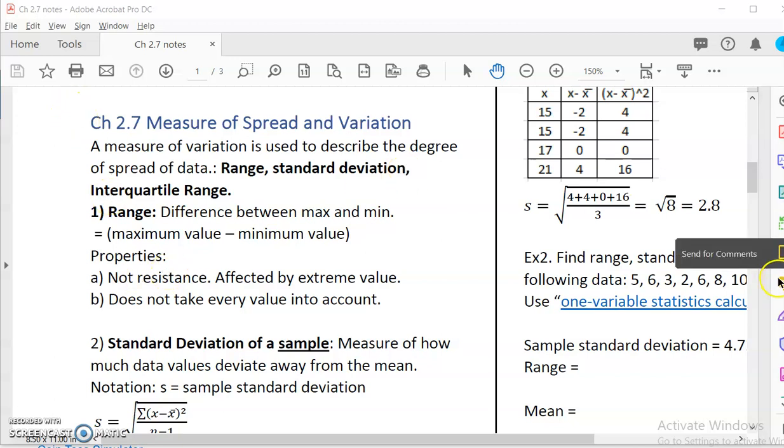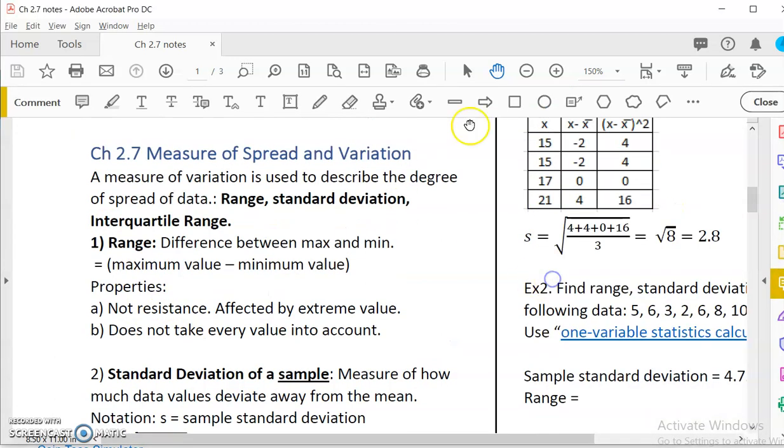For example, if I have some data like age of students, 18, and then 25, 26, 25, 25, 26. So most of the students concentrate around this. And then there is a 40.